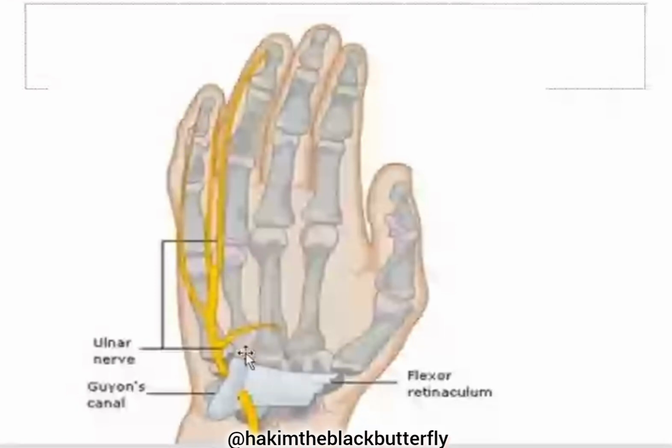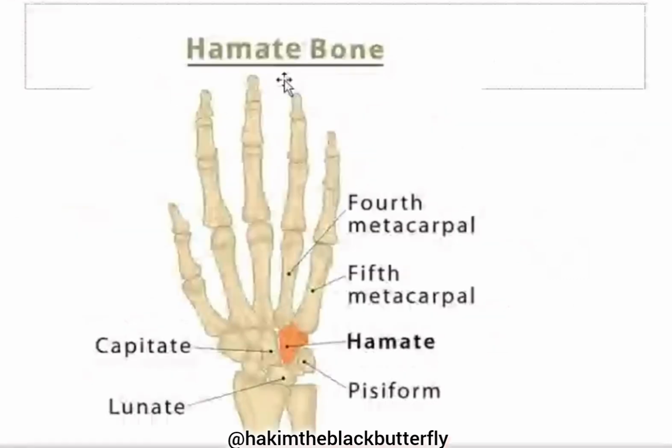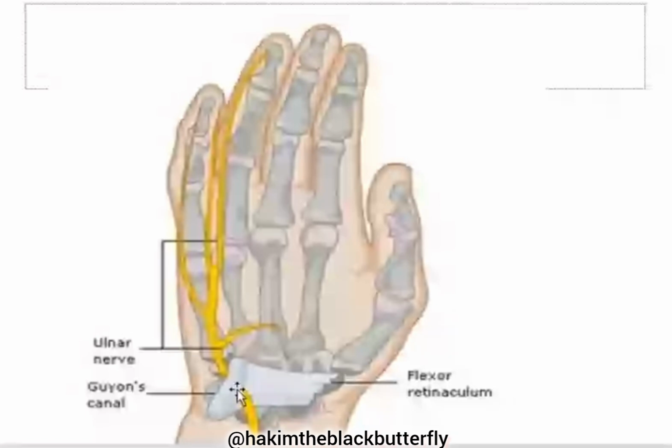So when the ulnar nerve is passing below the piso-hamate ligament, that channel is known as Guyon's canal. That is the channel below which the ulnar nerve passes, on the medial aspect of the wrist.